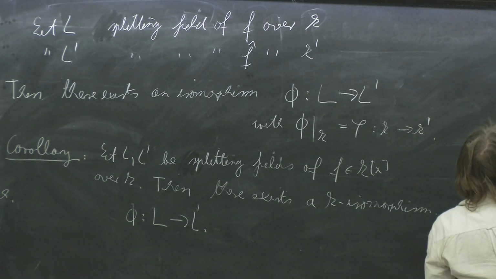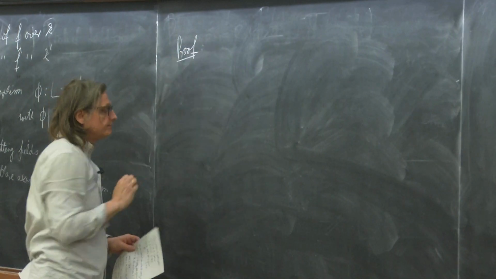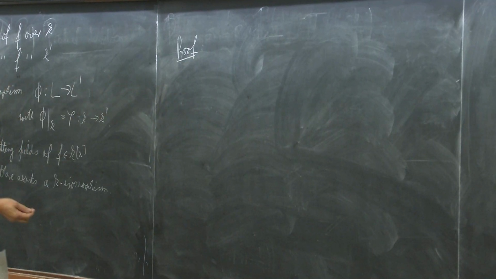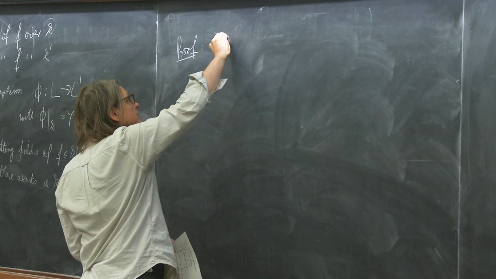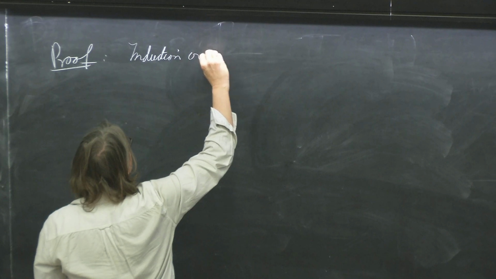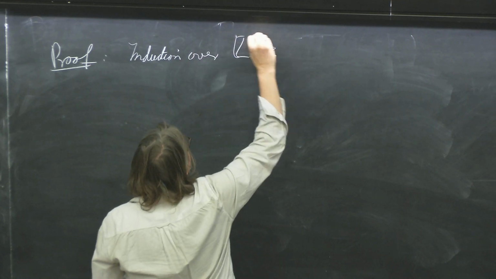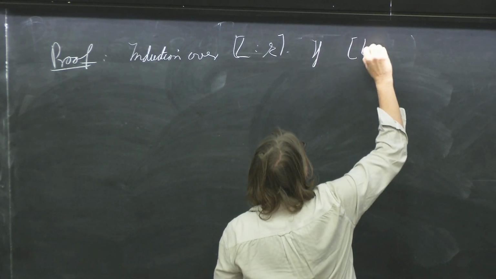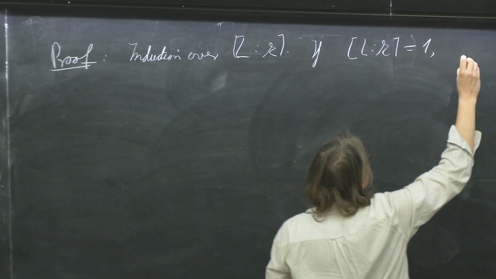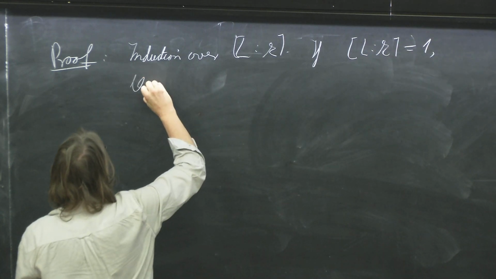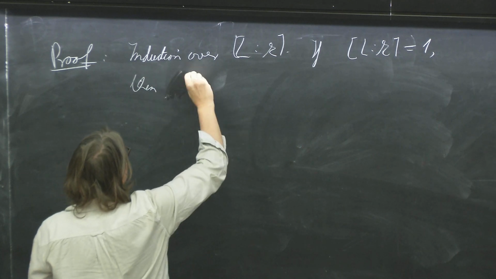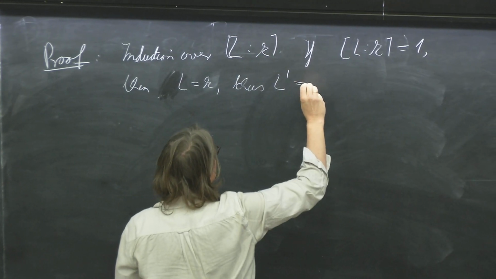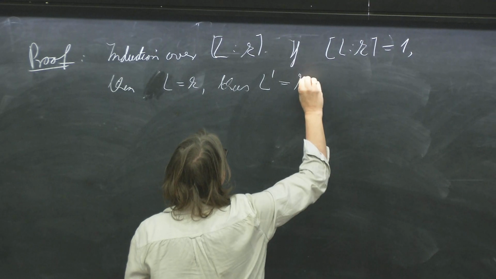So now we have to prove the theorem. We make an induction over the degree of the field extension. If the degree is one, then L equals K, and thus L prime is equal to K prime.